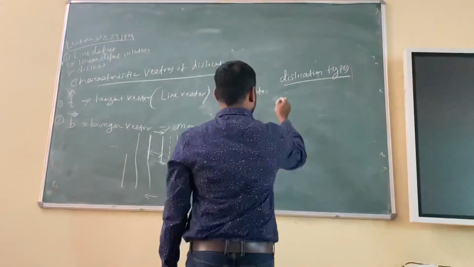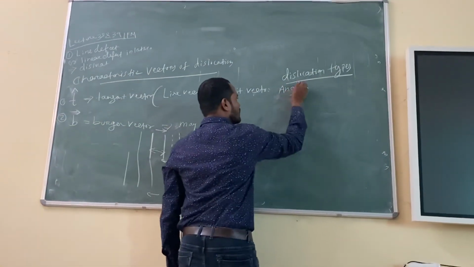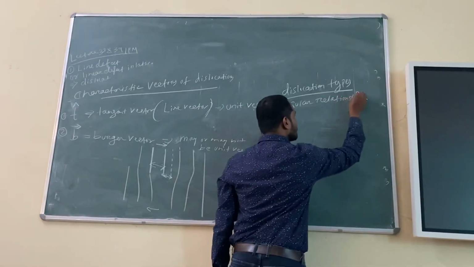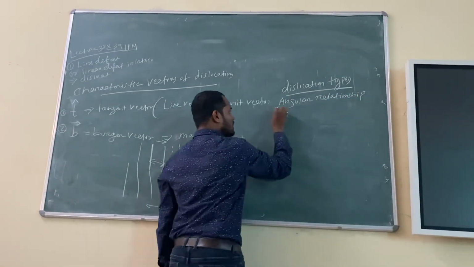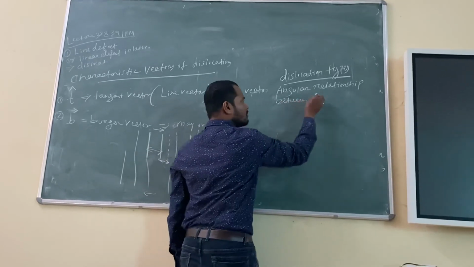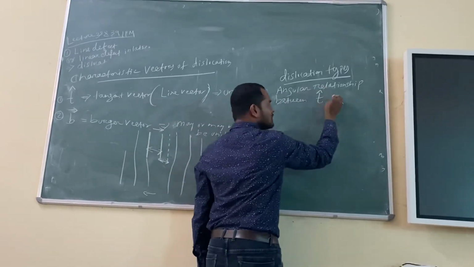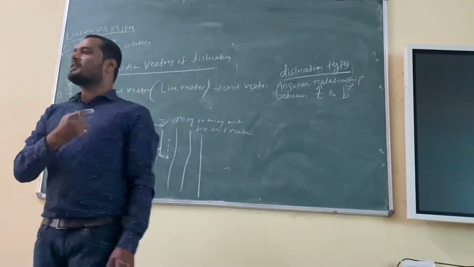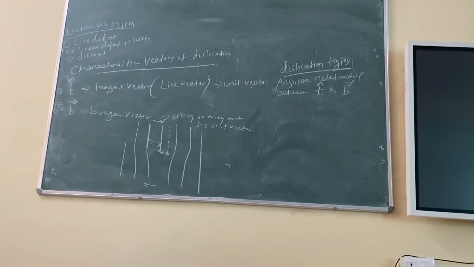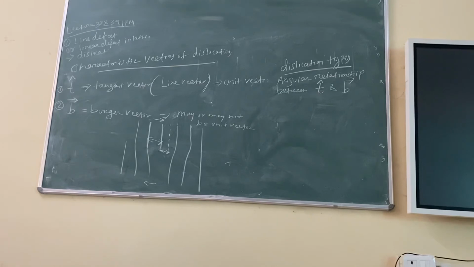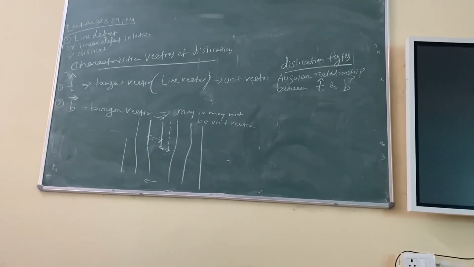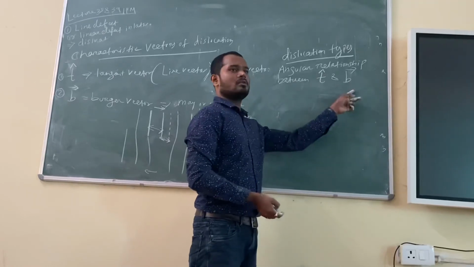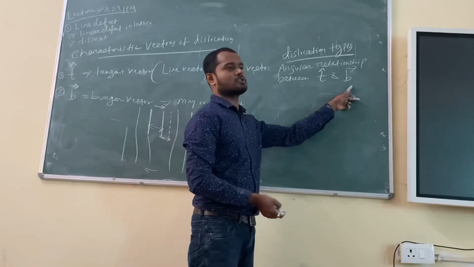On the basis of, you can write, angular relationship between tangent vector and Burgers vector. The angular relationship between tangent vector and Burgers vector will define which kind of dislocation is present in the material. Right? The angular relationship between T and B, tangent vector and Burgers vector, will define which kind of dislocation we have.